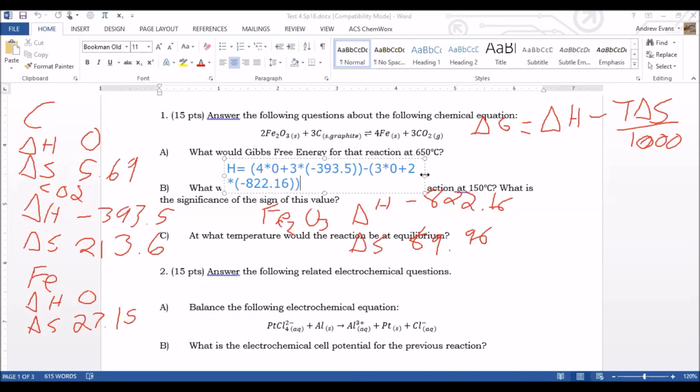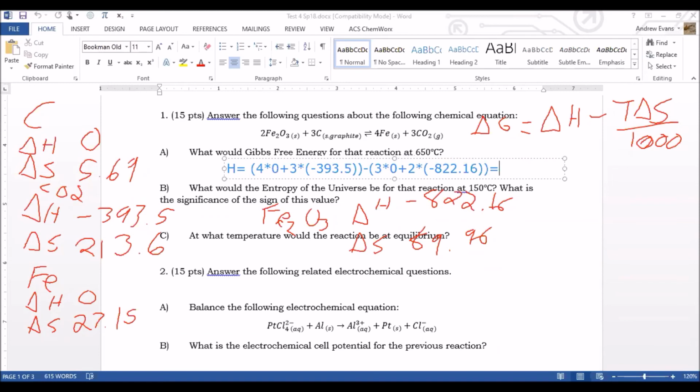Reactants come first? No, products. Okay, that's what I thought. So there's our iron and our CO2, there's our carbon graphite and our iron oxide.